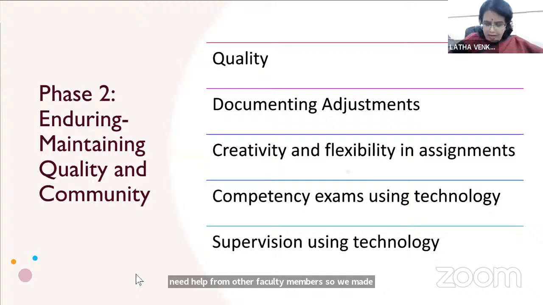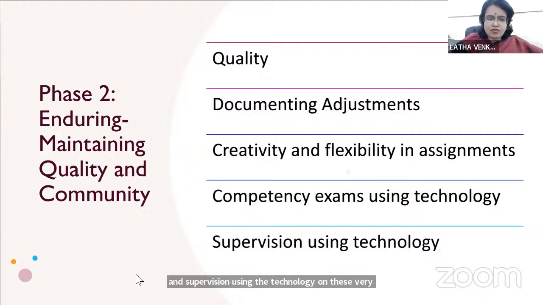And we also improved the quality by fixing polls and quiz programs in between the classes. Like that, several methodologies were used to improve the quality of online learning. And documenting the adjustments, creativity and flexibility in the assignments, competency exams using the technology, and supervision using the technology, all these were explored.